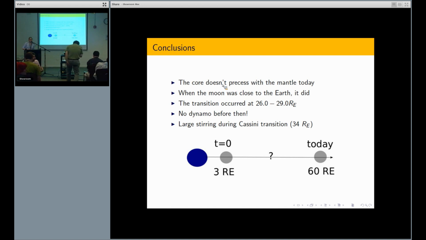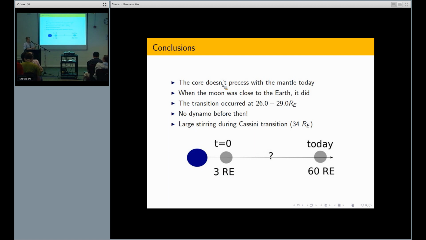Okay. Hi, I'm Matt Siegler, UCLA. So Bruce Bills and I have been working on the Cassini state problem a little bit. And we found when you use a more hydrostatic moon, you can actually get that Cassini state transition even earlier than 34 Earth radii. So, we got, by using a semi-hydrostatic body, around 30 Earth radii, would that affect what you're seeing here?